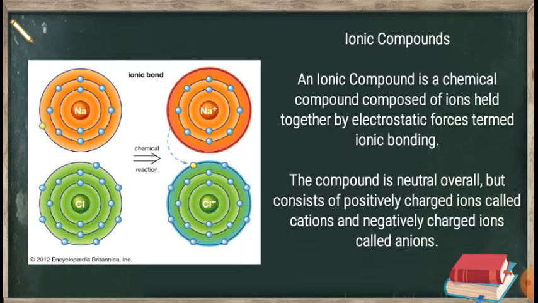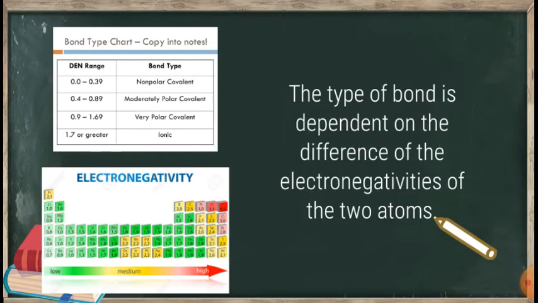Now, again, as we saw earlier in the electronegativity chart, in the bond type chart, if the difference between the electronegativities of the two atoms is 1.7 or greater, it means that the bond or the compound itself is ionic.